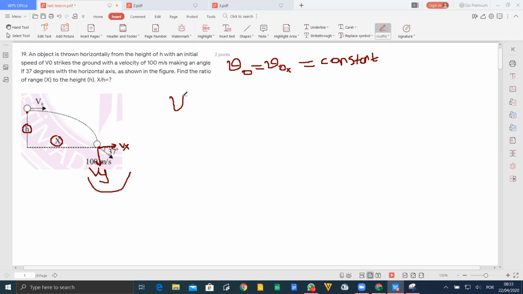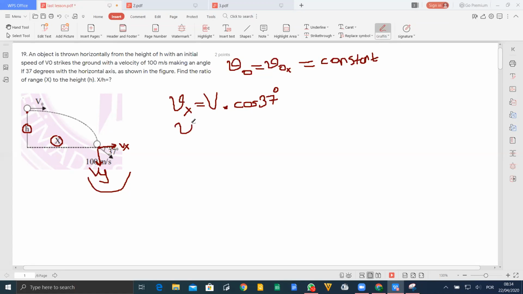So what's the x value? Vx is equal to v times cosine 37.